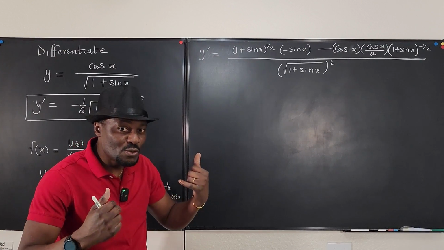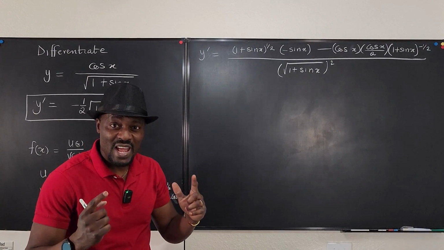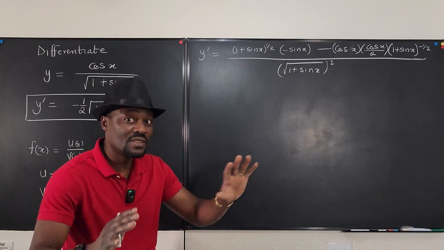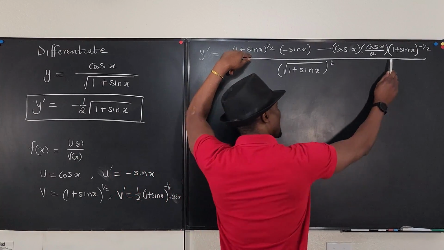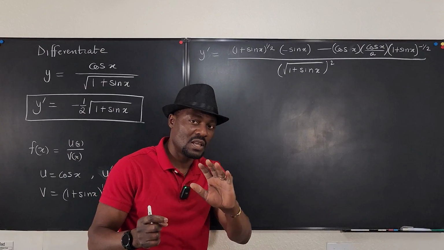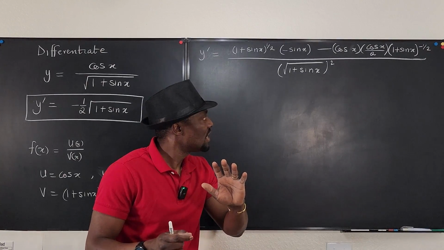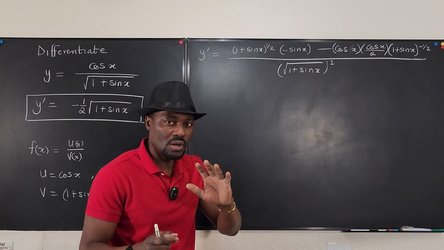Now it's very important that you pay attention to whatever is common. While I'm writing the next line, trying to simplify, usually this happens. See, there's 1 plus sine x here, there's 1 plus sine x here, but they're raised to different powers. The question you ask yourself is, which of these powers is smaller?